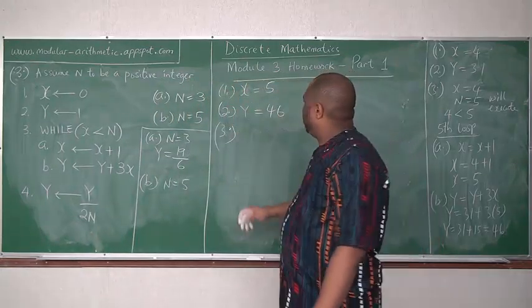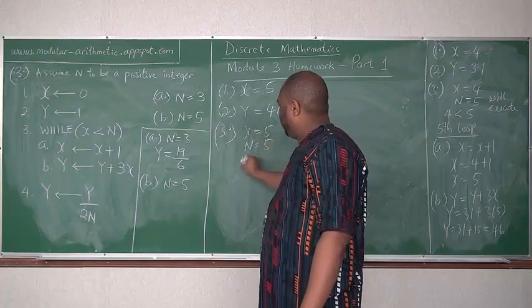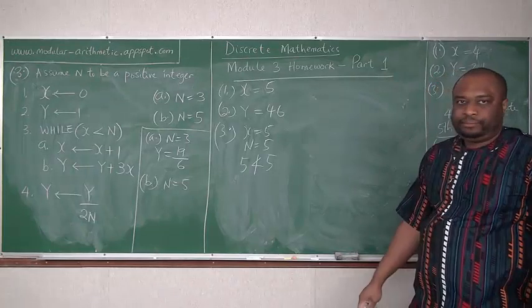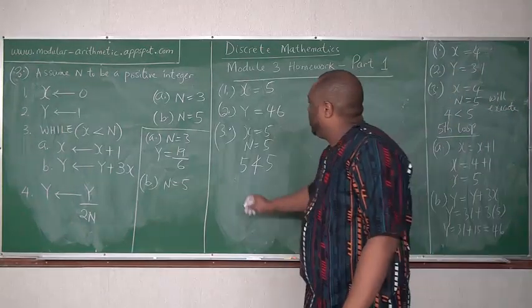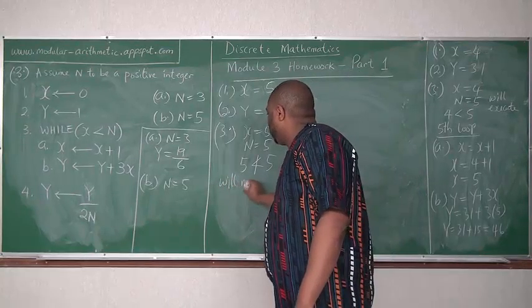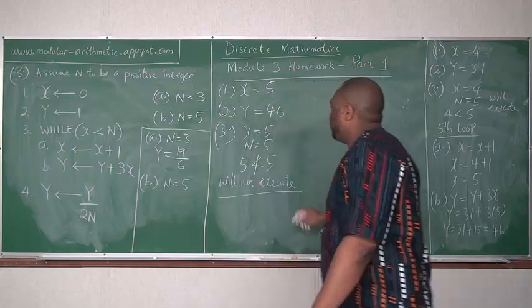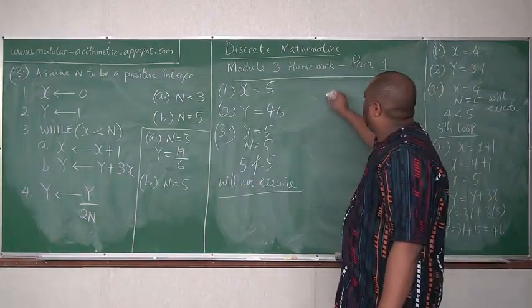While x is less than n, our x is 5, our n is 5. So 5 is not less than 5, so it will not execute. It will break.